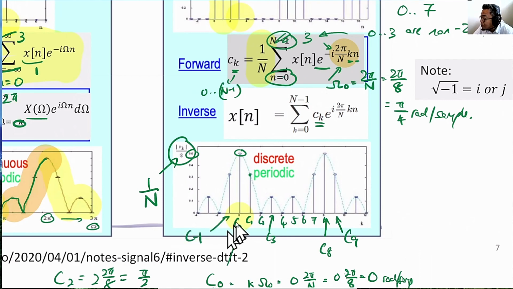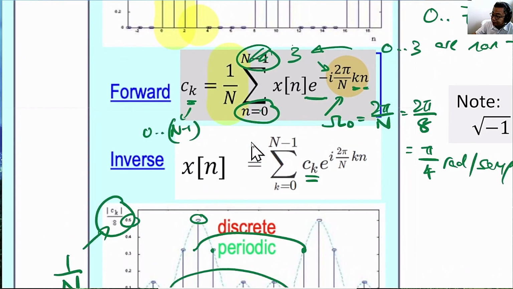C minus 1 is the same as C7. So this guy here is the same as this guy. This guy here is the same as this guy. So you now see that it is periodic with N. Once we have c_k's, we only use the first N of them, k equals 0 to N minus 1.